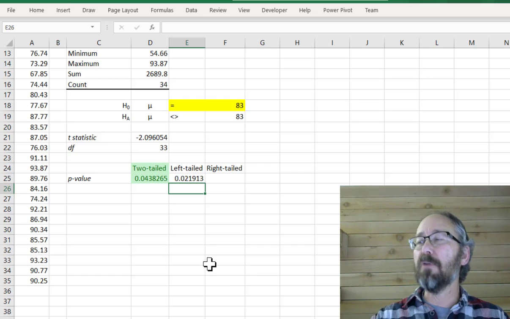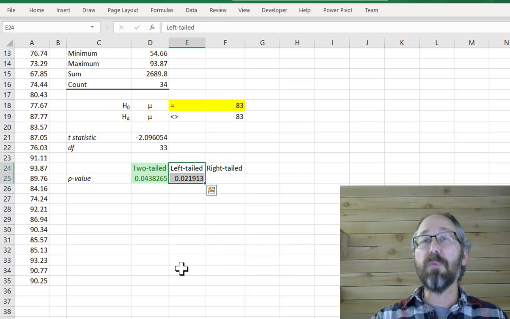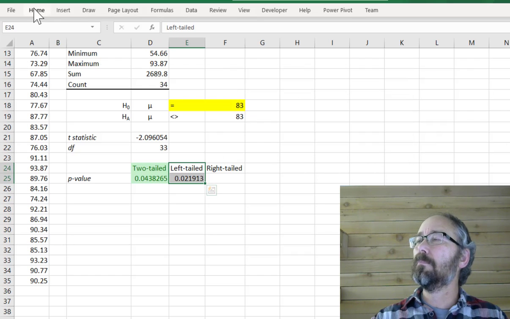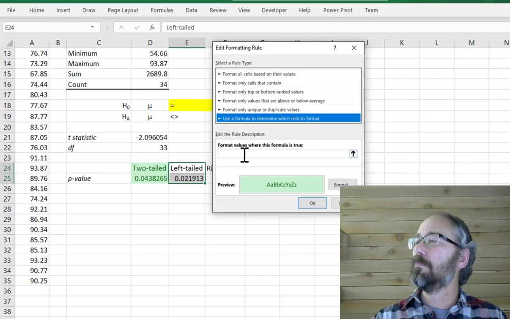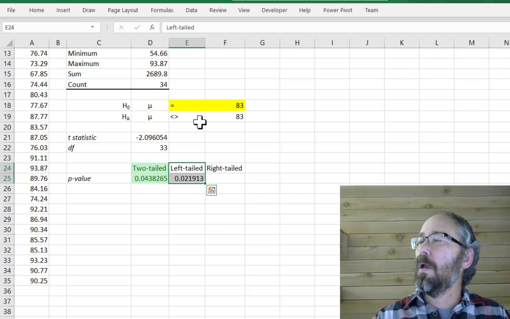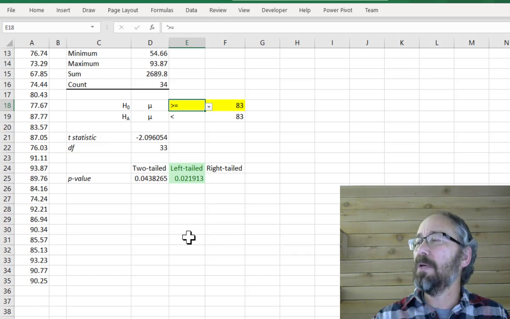So here's the p-value for a left-tailed test. We'll use conditional formatting to highlight these cells if we're going to do a left-tailed test. If we change it to this one, then we see that we have a left-tailed test.